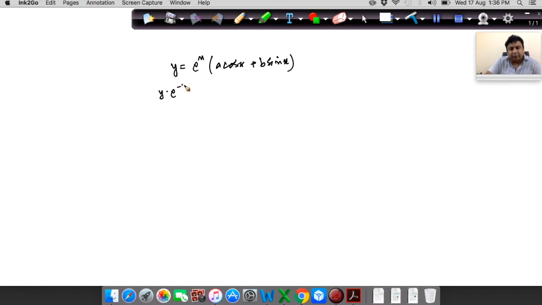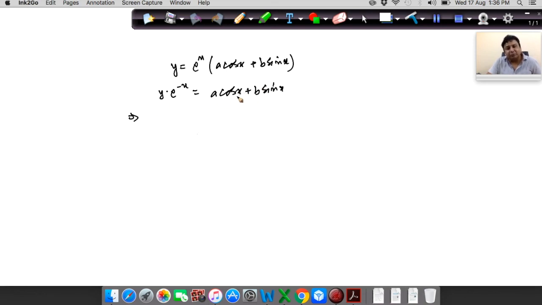I'll make it y into e to the power minus x equals a cos x plus b sin x. These things you can't find everywhere, these methods. So stick to the rules. If you practice well, you'll be habituated with these kind of nice methods.